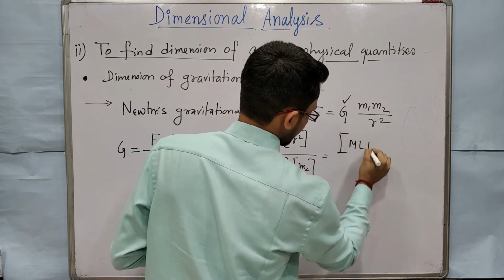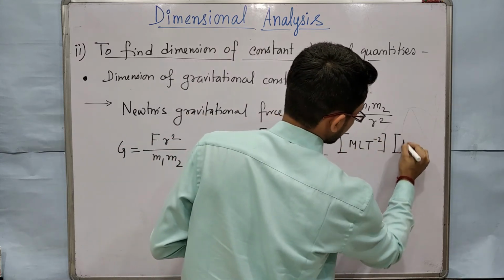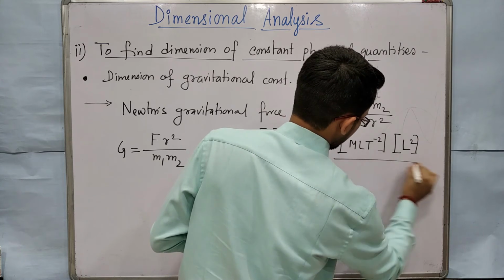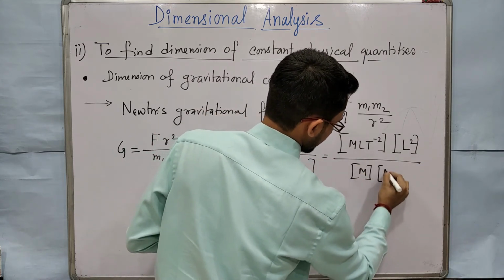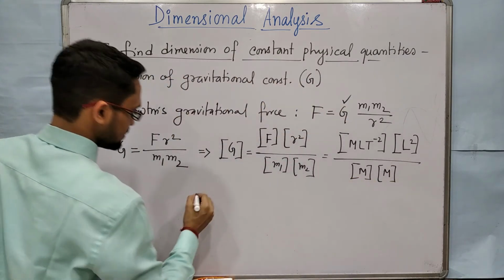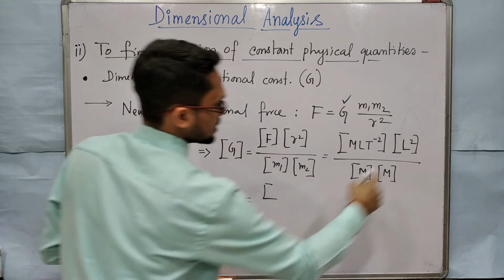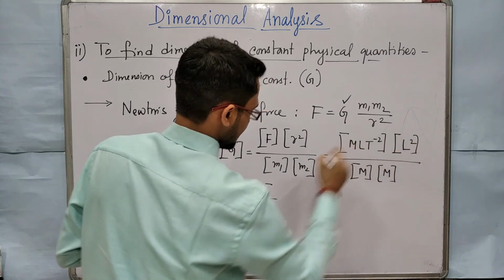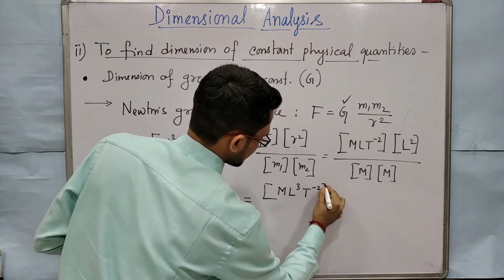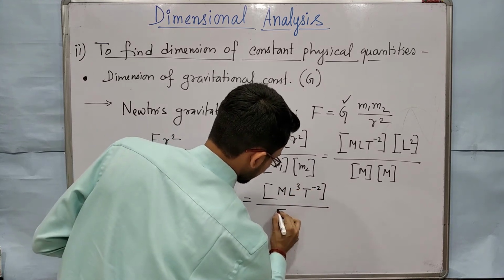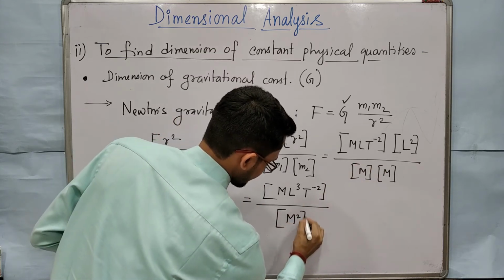That is M L T to the power minus 2. Then r square means distance square, so L square. Then m1 m2, that means M and then M. In the numerator it will be M L cube T to the power minus 2, and in the denominator it will be M square.